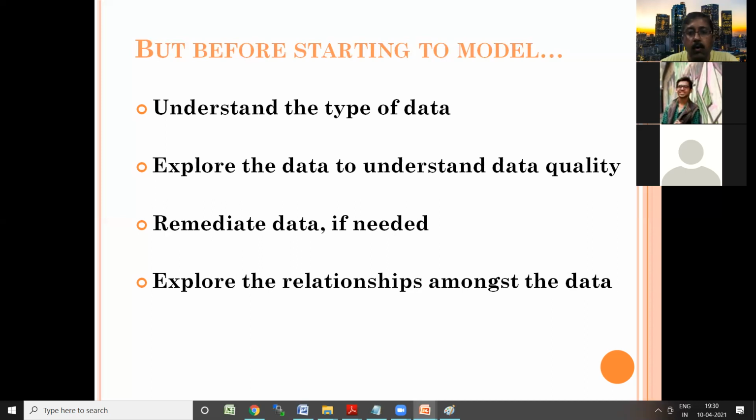Okay. Now, to understand whether a particular attribute or a predictor or a feature is important in terms of deciding the value of a label or a target variable, right? Or to understand whether two attributes are very similar to each other, we need to explore the relationship between the different attributes of the data, right? So there the importance comes in. Again, the examples that I gave you are very trivial.